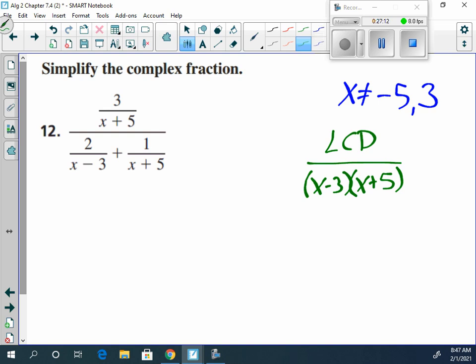The 2 in the bottom, one of them is x minus 3, one of them is x plus 5. Well, if I multiply the one with x minus 3 by x minus 3, those would simplify. If I multiply the other one by x plus 5, those would simplify, yes? So our least common denominator is x minus 3 times x plus 5. And we only need as many as it's going to take to simplify each of the fractions.